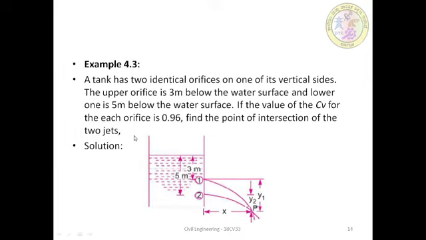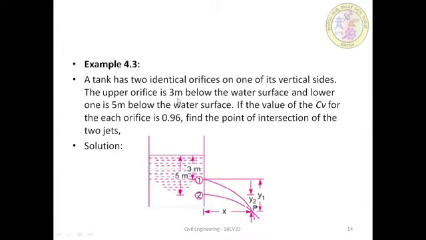Now let us move into the next example. Here in this example, it says that a tank has two identical orifices on one of its vertical sides. You can see orifice number 1 and orifice number 2, identical, both the diameters are the same.